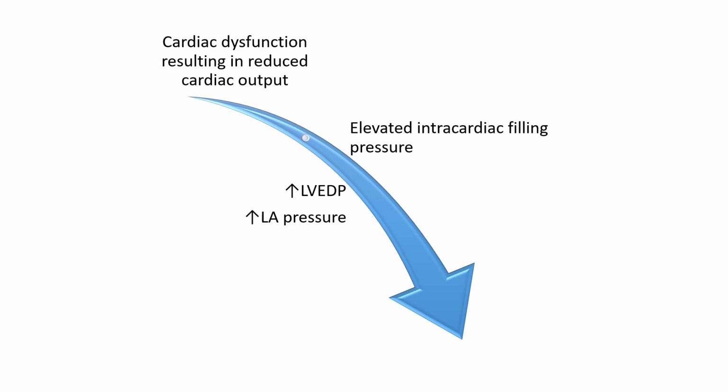It is the pressure that can be measured in the left ventricle at the end of the diastolic cycle, meaning when the heart is fully filled. This increase in the left ventricular end diastolic pressure will cause a rise in the left atrial pressure, which in turn will cause a buildup of fluids in the lungs, which is referred to as pulmonary edema, as you well know.